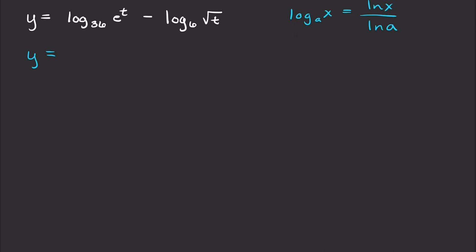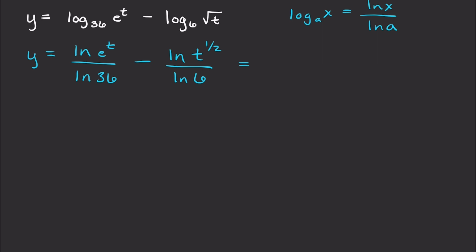We can rewrite this first one as the natural log of the argument, e to the t, over the natural log of the base, which is ln of 36. And we can do the same thing with the next one: the natural log of the argument, which I'll write as t to the 1/2, over the natural log of the base, which is 6.